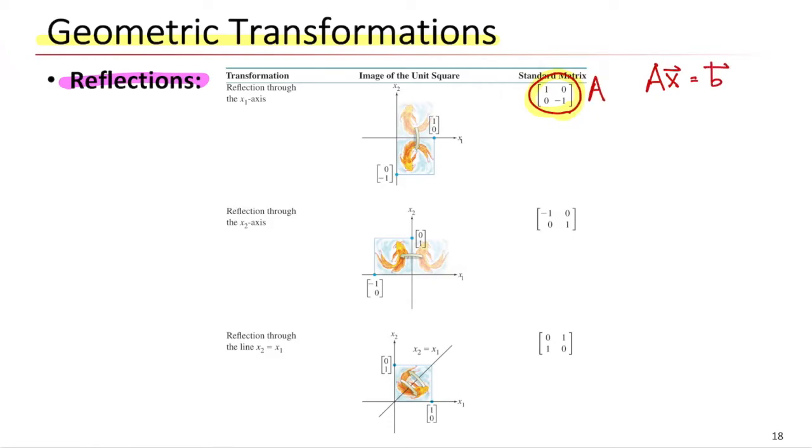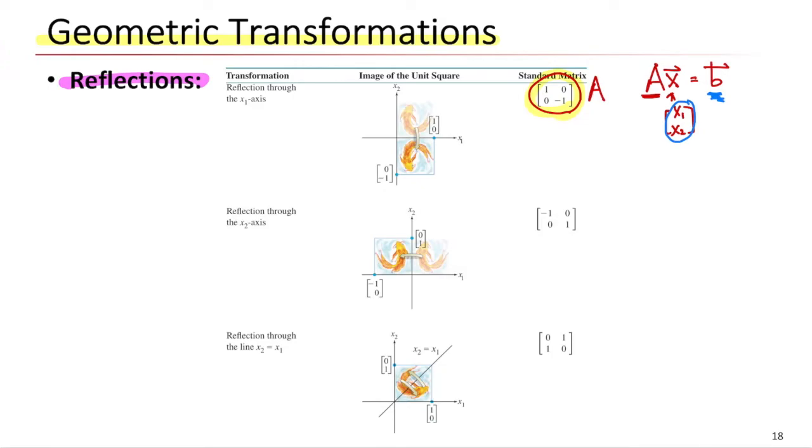Because this vector x is (x1, x2), in this case this matrix A transforms this point onto another vector space, another output.